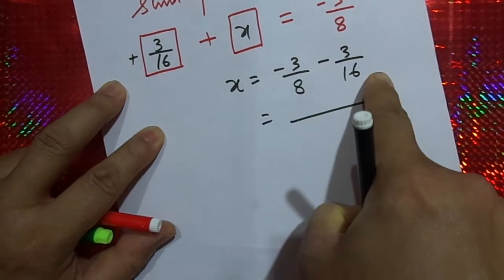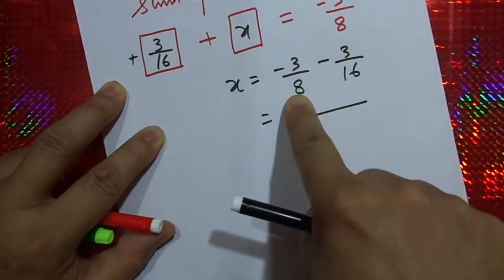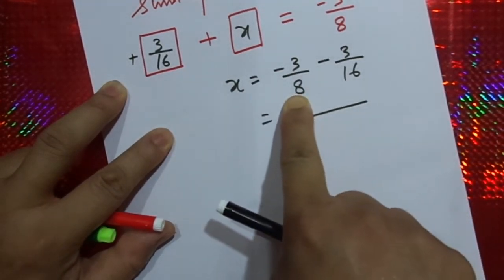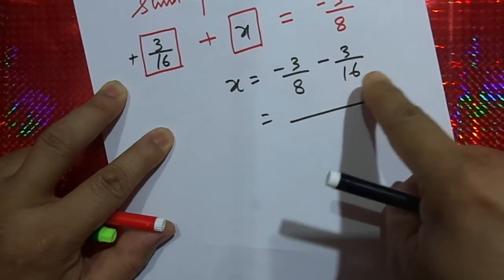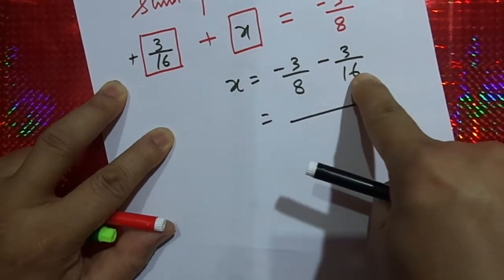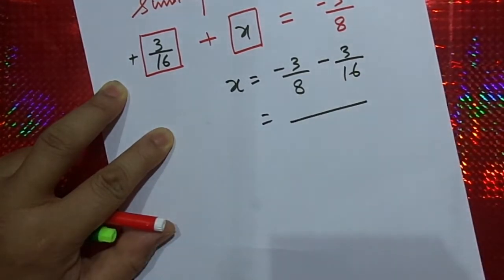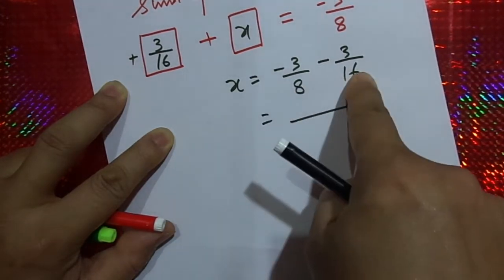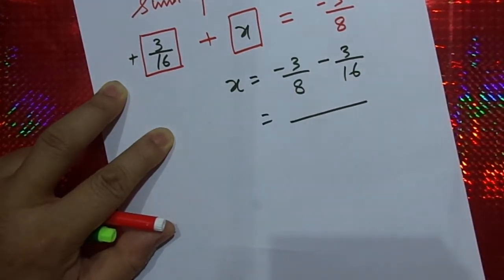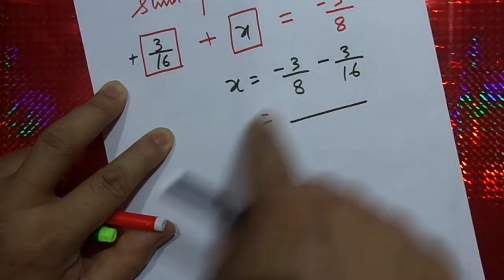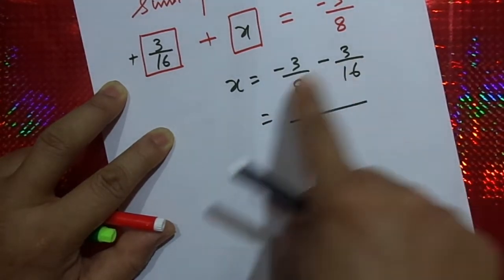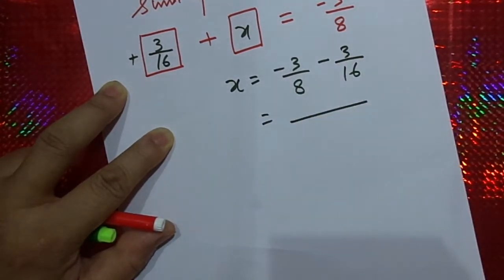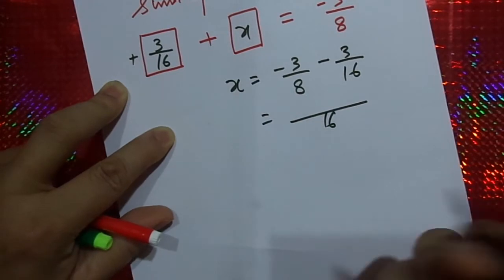Now 8 and 16, as you can see, 8 divides 16 clearly. Therefore 16 is the multiple of 8. So if one of them is the multiple of the other, then the bigger number will become the LCM. These are the short tricks which you should learn by heart.